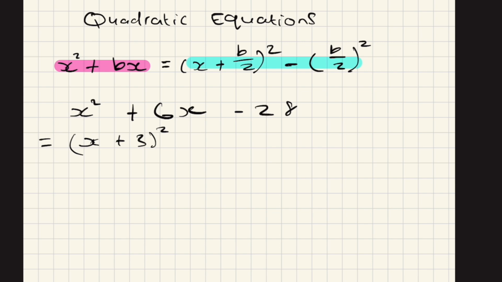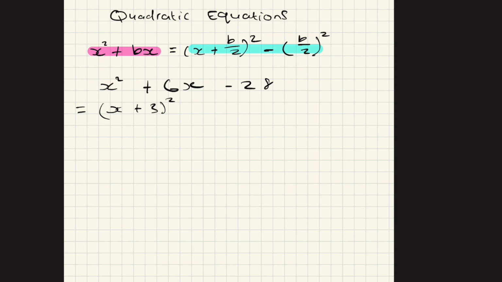This is because, if we remember from this equation, we take the square out, but we also halve the x's coefficient. But also looking back at the equation, we also know we need to minus 6/2 squared.